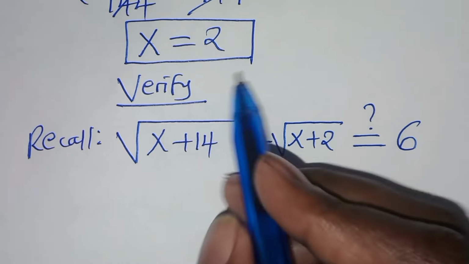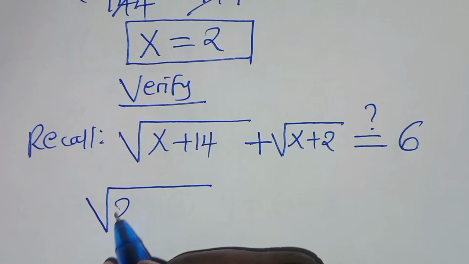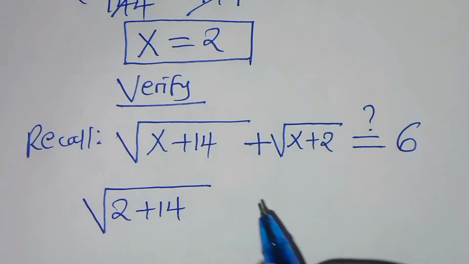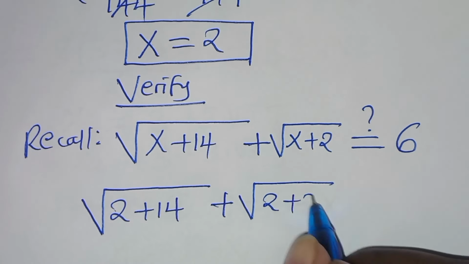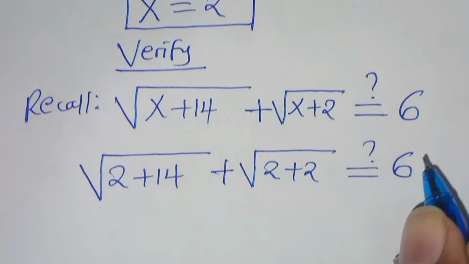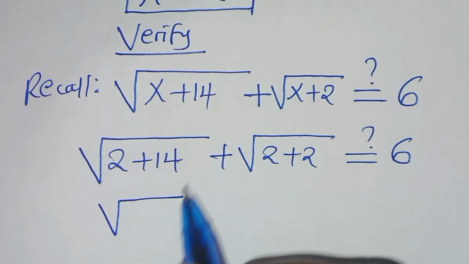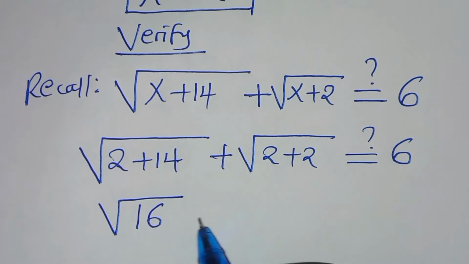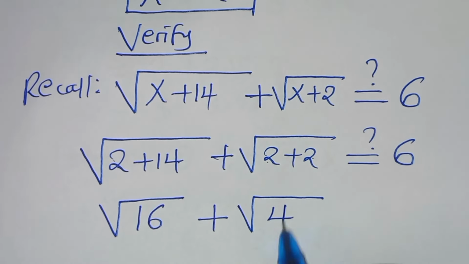Let's substitute the value of x, so that now we have square root of 2 plus 14 plus square root of 2 plus 2. This should give us a value of 6. So that now we have square root of 2 plus 14, this is 16, plus square root of 2 plus 2, this is 4.